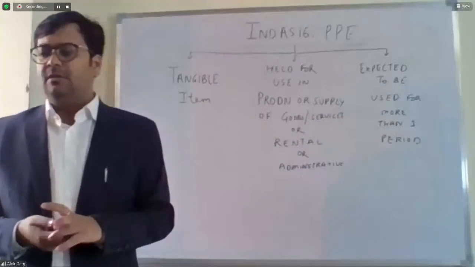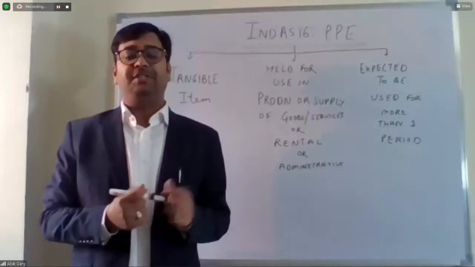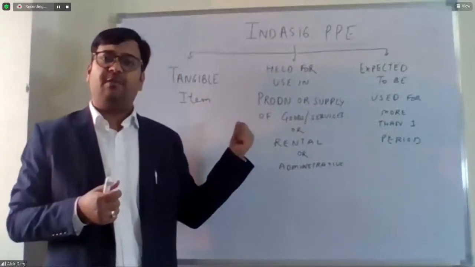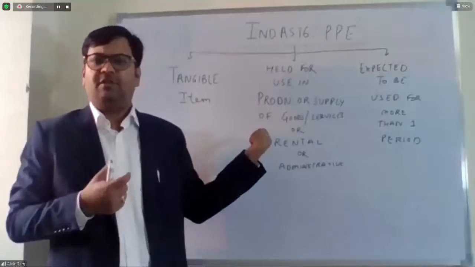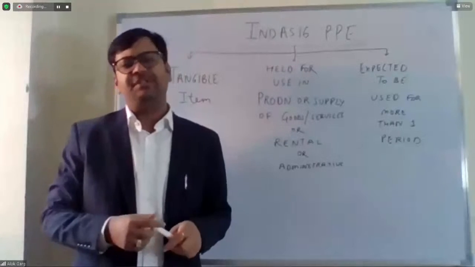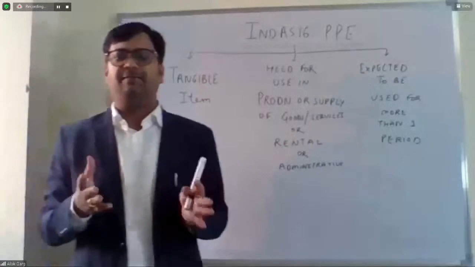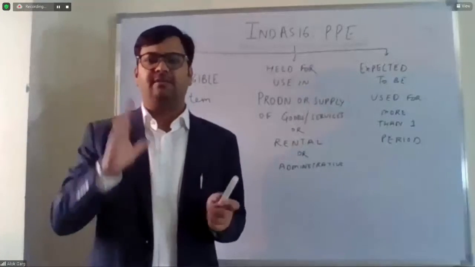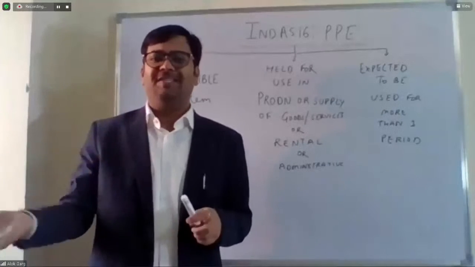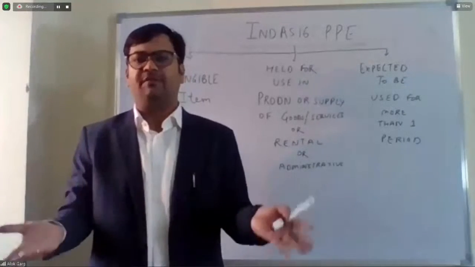For example, sir, we have acquired a small machinery. Of course that machinery is a tangible item, held for use in the production of goods, and the life of the machinery is, let's say, 50 running hours or 100 running hours. This machinery is expected to be unproductive within a year, or let's say in 4 or 5 months.